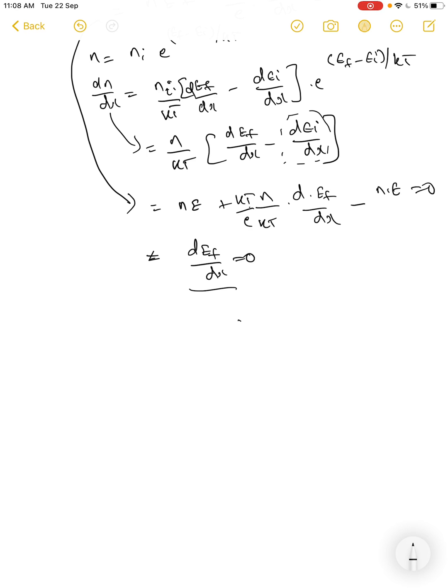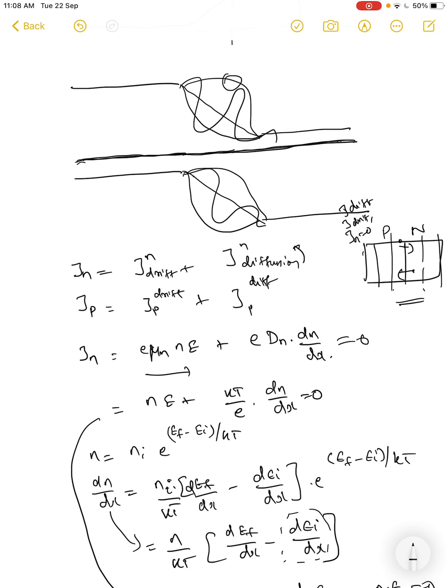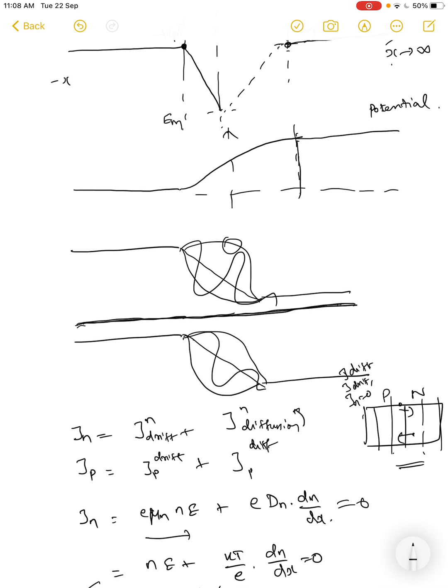So we have proved that the Fermi level should have no slope if we have zero current. Now that this is given, we understand that it is going to be a straight line. Now let us exactly calculate what the electric field is.